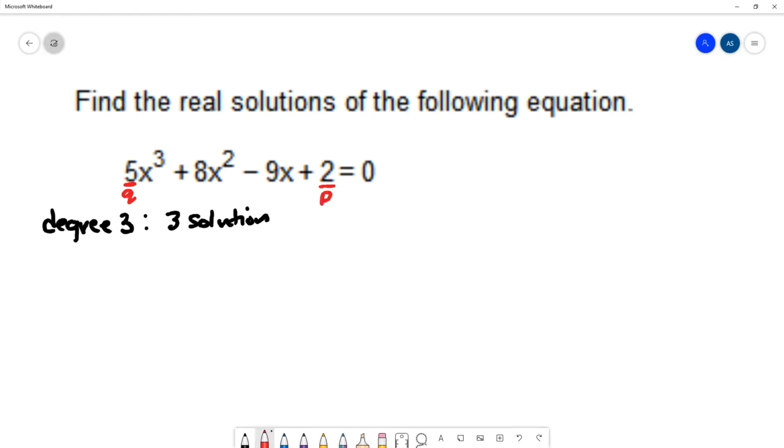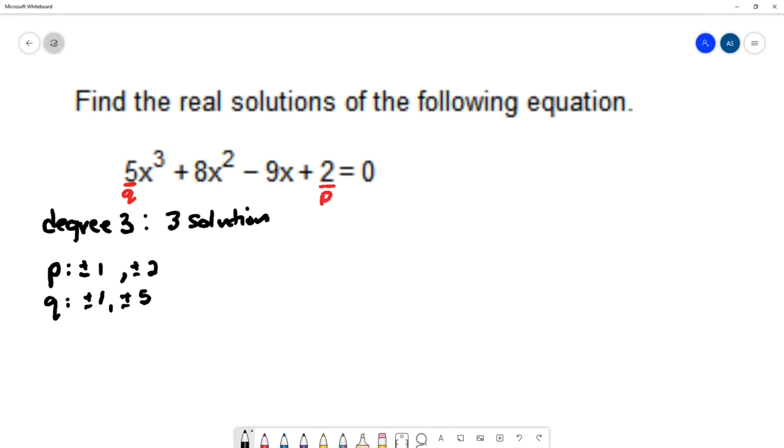The factors of these numbers are going to be p and q. So for p, we have factors of 2, which are 1 and 2, and it can be positive or negative. For q, we have a 5, and factors of 5 are going to be 1 and 5.